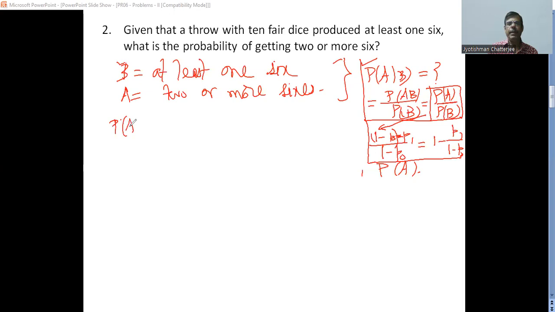So P of A given B is equal to 1 minus P1 by 1 minus P0. We need to compute this thing.